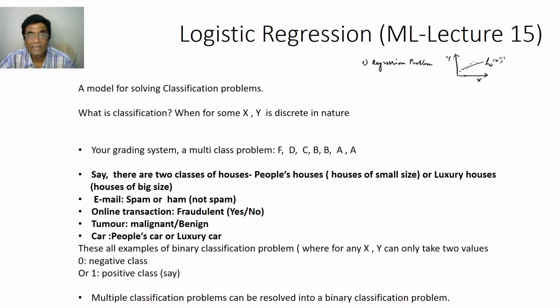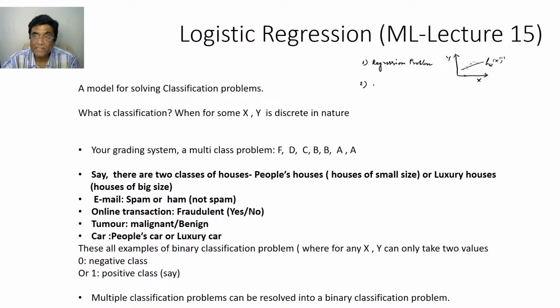Although practically this is not perfectly correct, because if a 600 square feet house costs some x million rupees, then a 601 or 599 square feet house will perhaps cost the same price. But in many applications this assumption is perfectly fine, that for each x you can get a y. So y space is continuous.